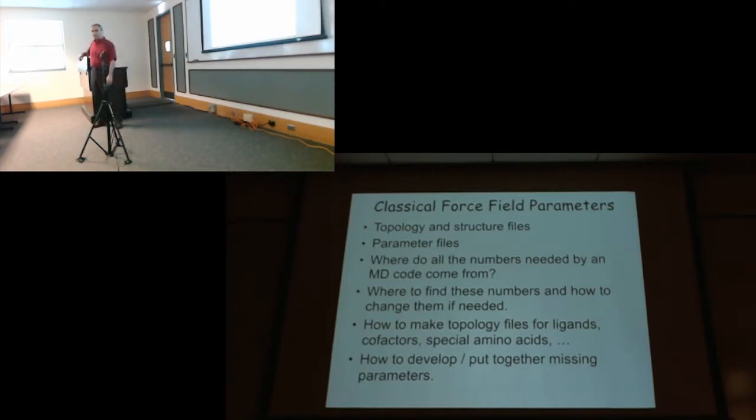Okay, great. Good. So the idea again is to know what a topology and a structure file are, and what things are in there. If you know this, then you can easily go into those files and modify something. It becomes very powerful.